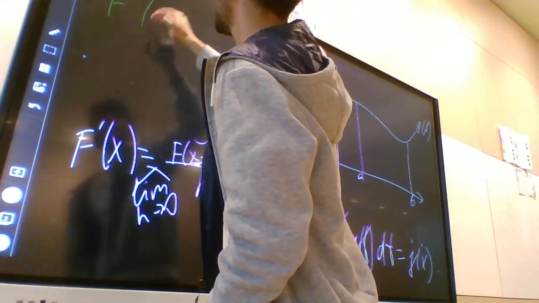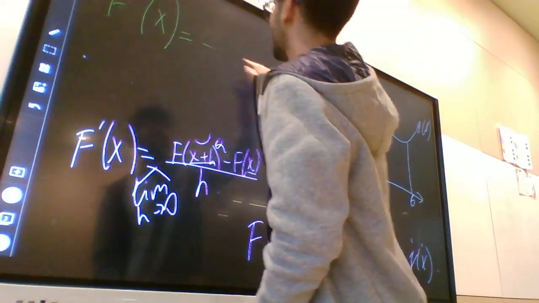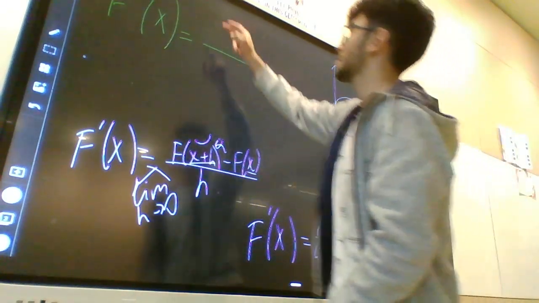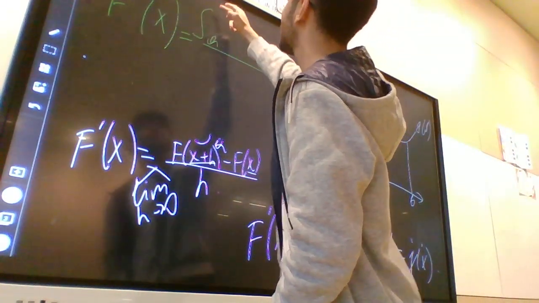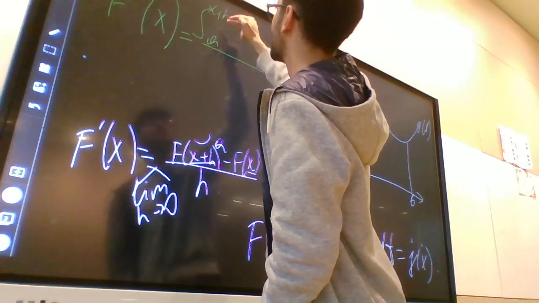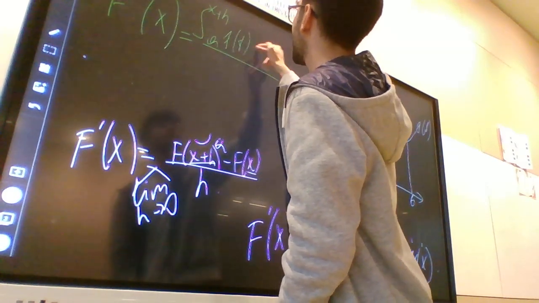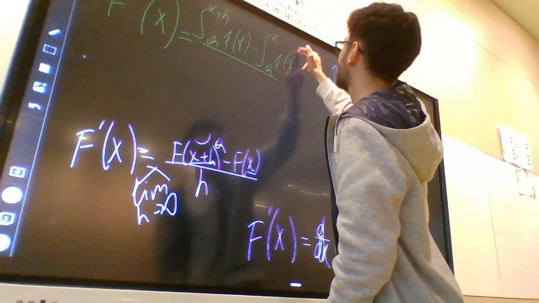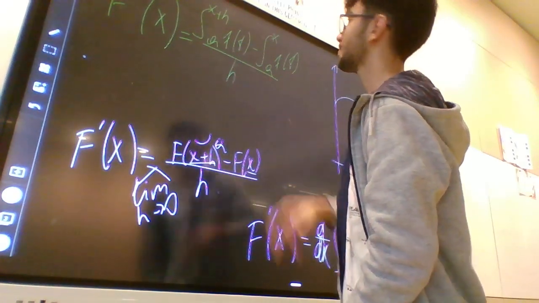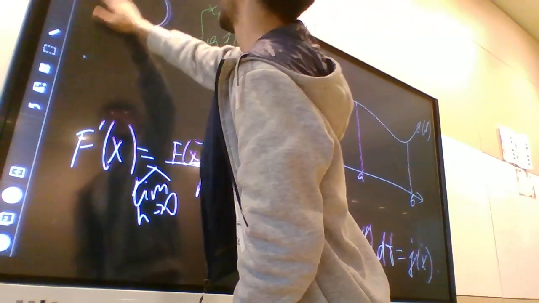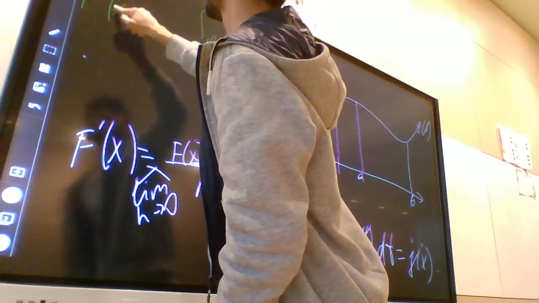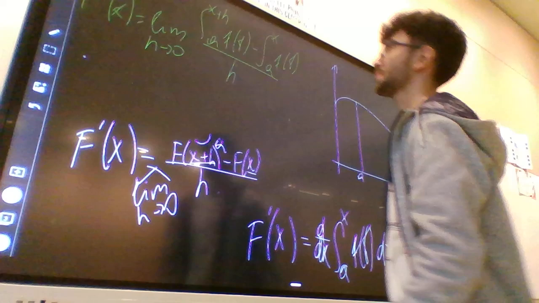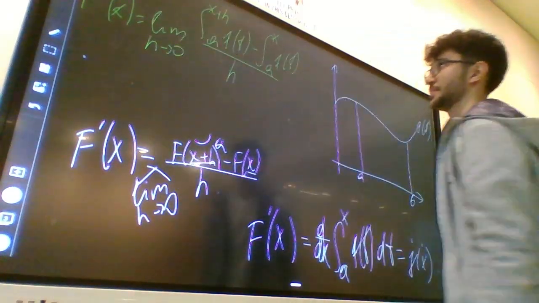Our F'(x) is equal to, we just substitute it, the integral from a to x+h of f(t) minus the integral from a to x of f(t), divided by h, and we have also a limit here, limit h approaching 0. We get this formula, yes?